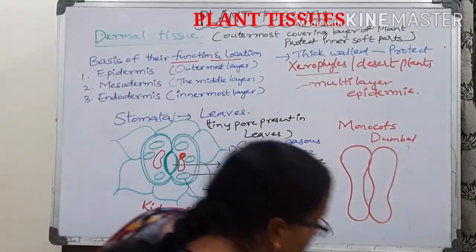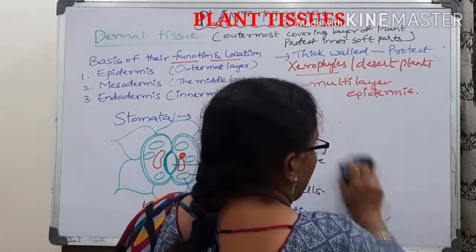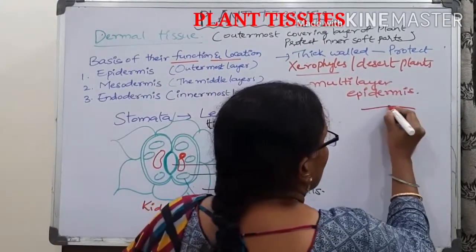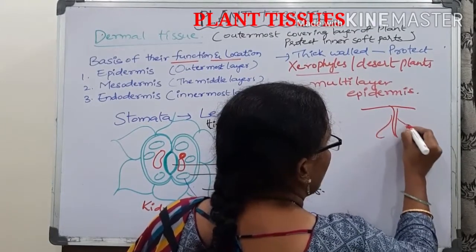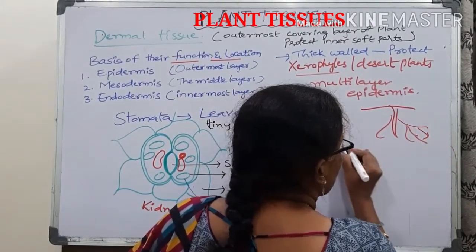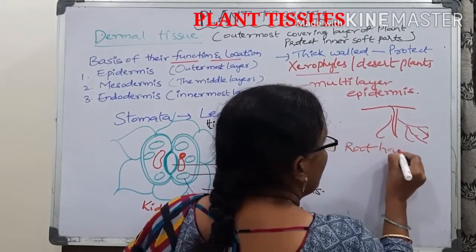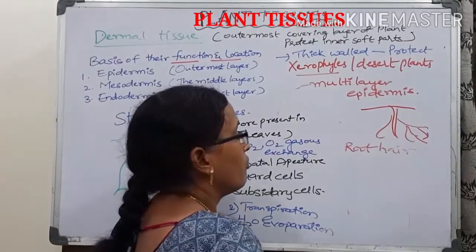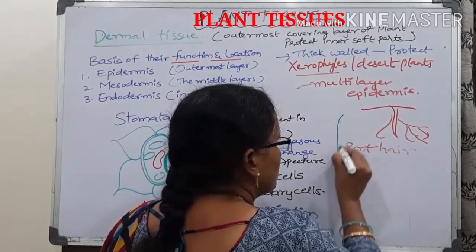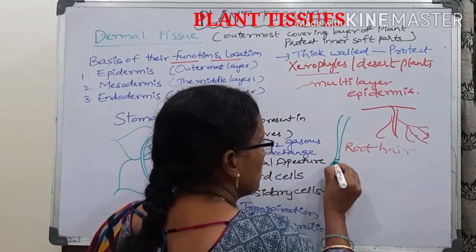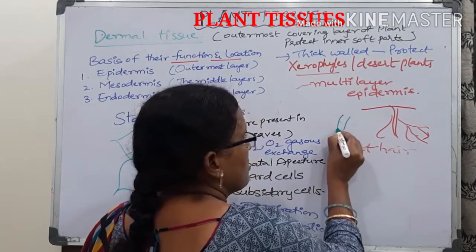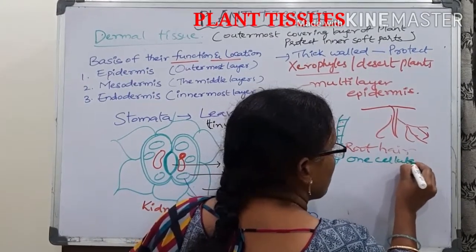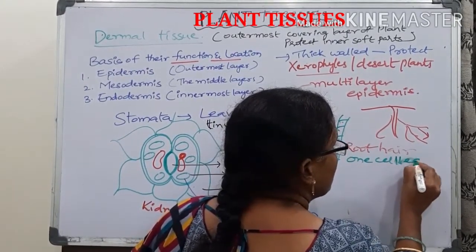So this is one of the modified dermal cells. Next, in the roots, if you observe the root, we have the small root hairs. These root hairs are unicellular. Uni means one cell. If you observe the structure, they are made up of one celled structure.